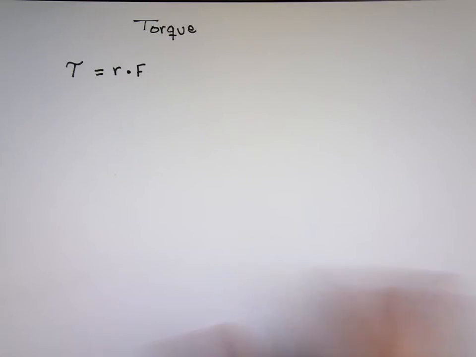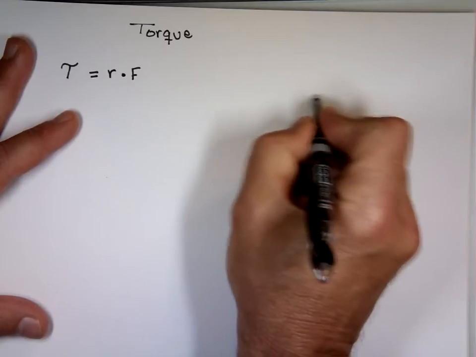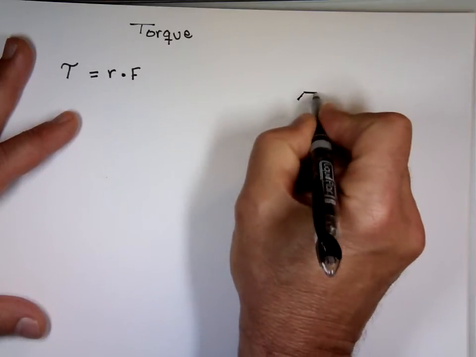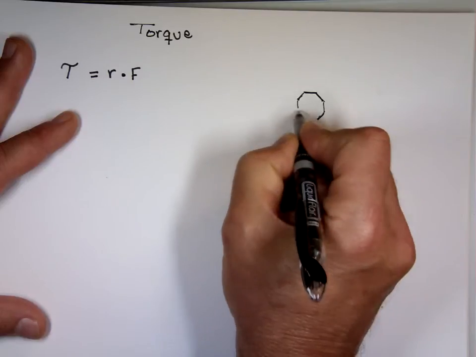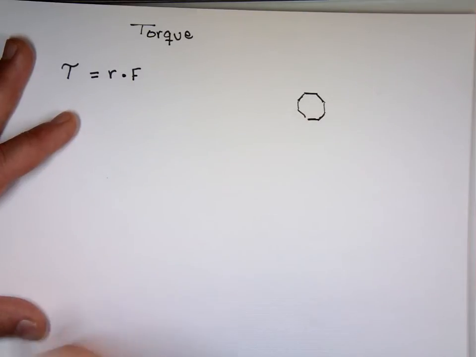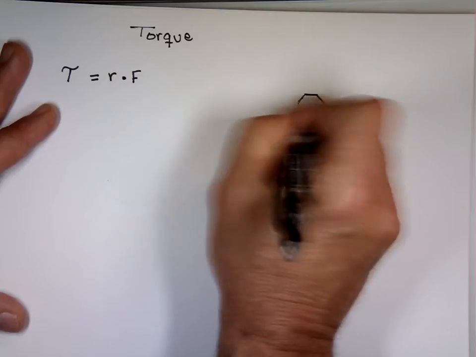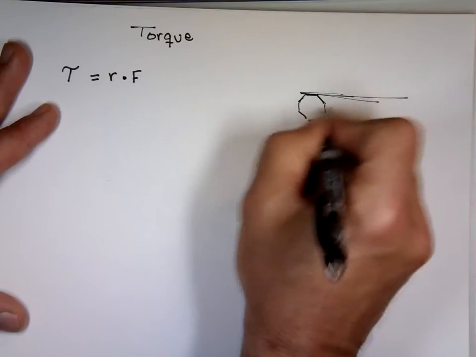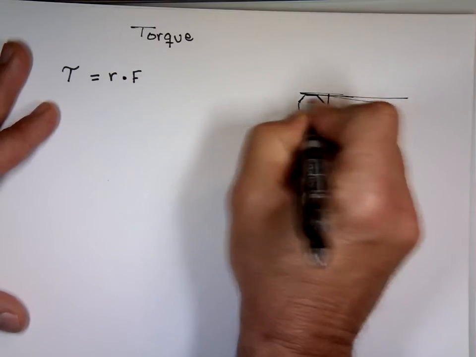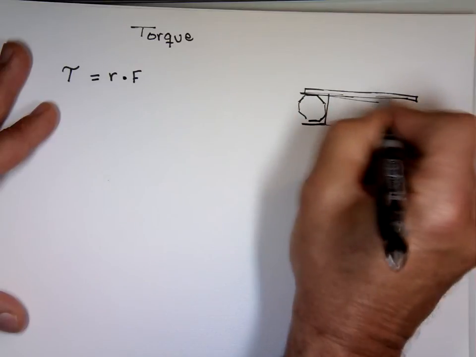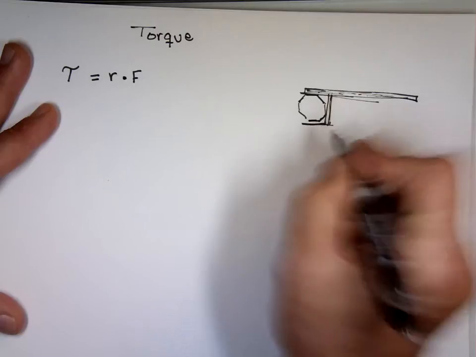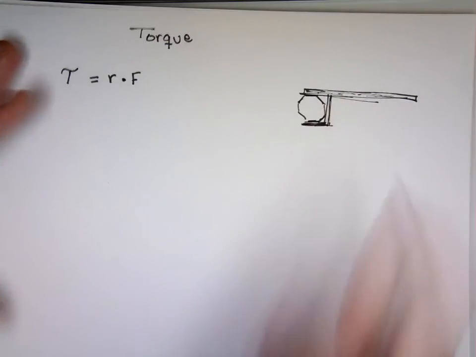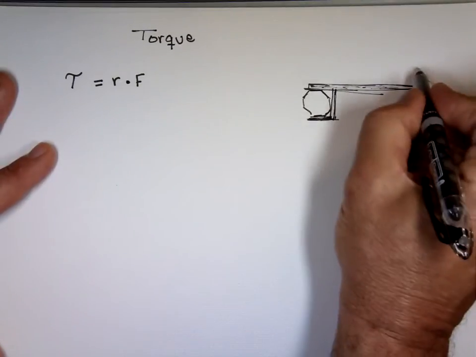Now, if you have a rusted nut on your bicycle and you're trying to loosen the wheel on the bike, and you bring in a wrench, here's your wrench, and you push down here.